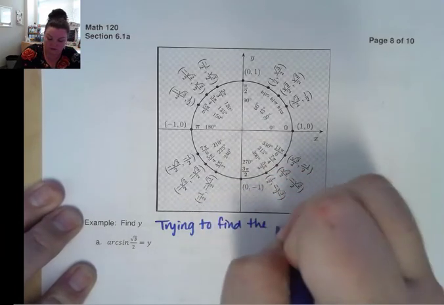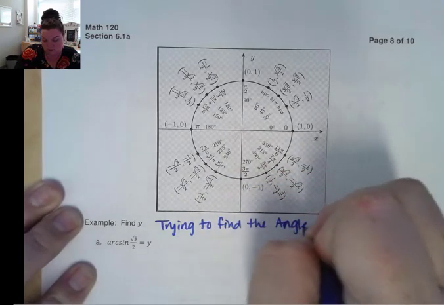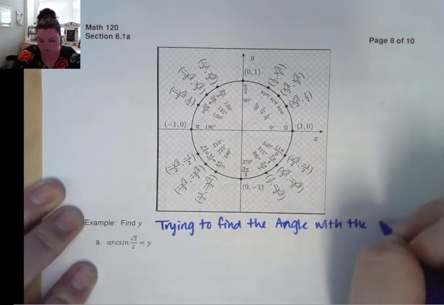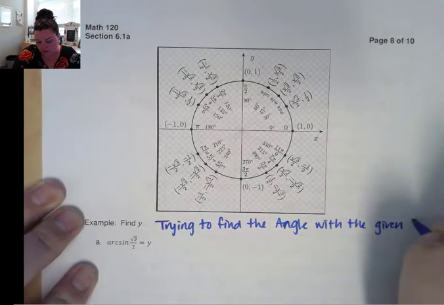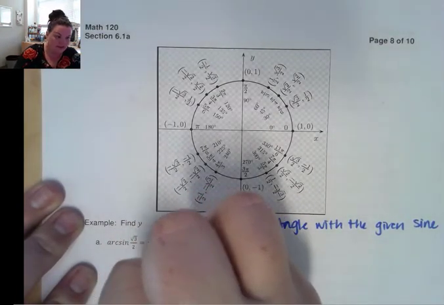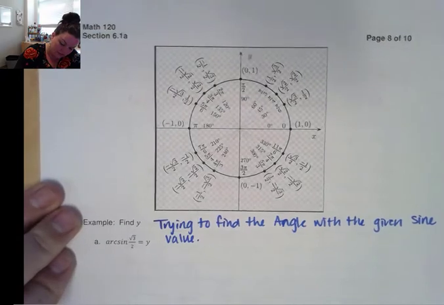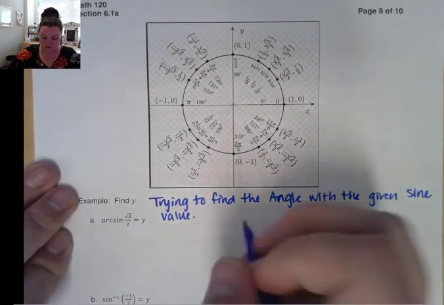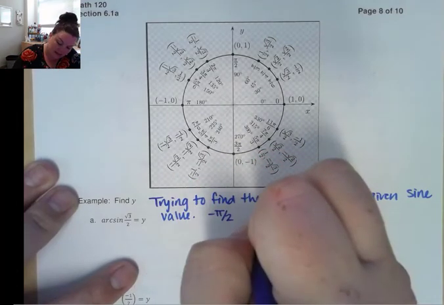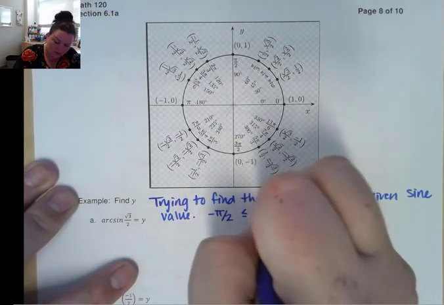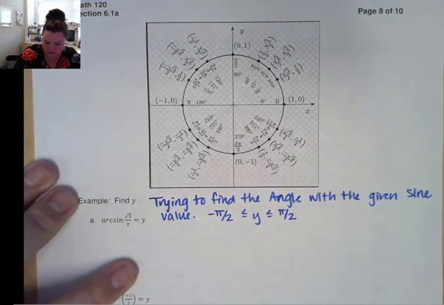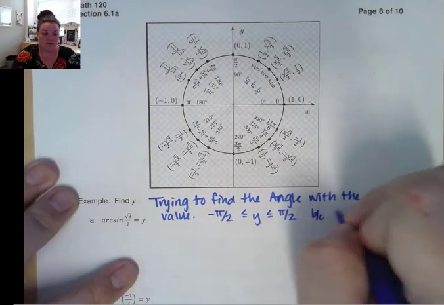Trying to find the angle with the given sine value. Okay, obviously all of these are dealing with sine, and we know that negative pi over 2 to pi over 2 is our range, right?